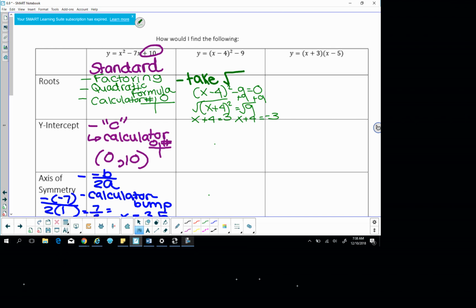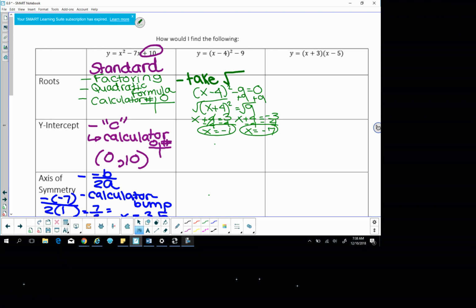Then I just solve. What do I have to do to both sides? Get x by itself? Subtract 4. And you end up getting x equals negative 1 and x equals negative 7. Those are your two roots.